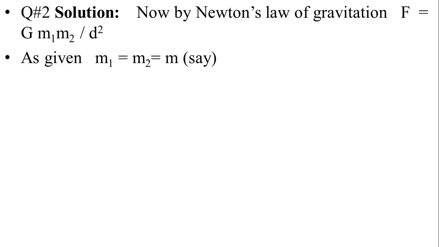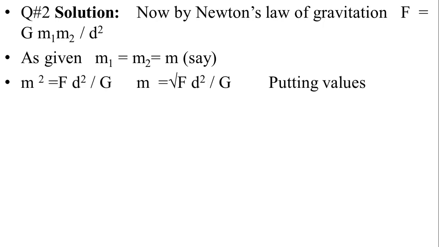Now putting m1 is equal to m2 is equal to m, the equation will change. M square is equal to F d square upon G. Taking square root on both sides, the equation will change in this form: m is equal to F d square upon G whole square root.